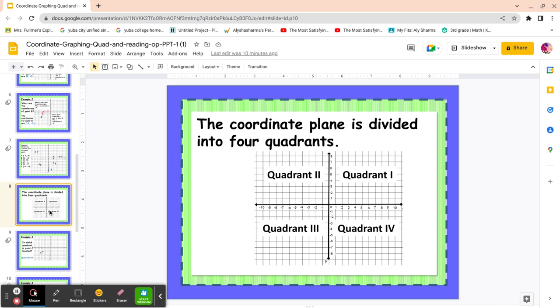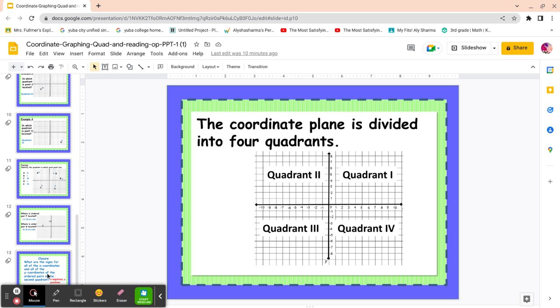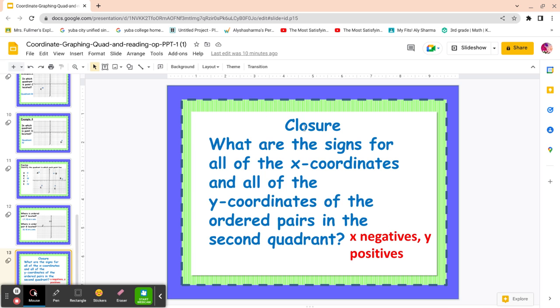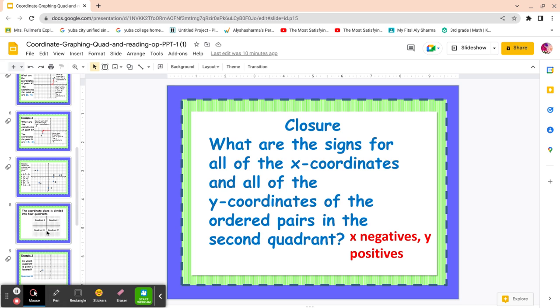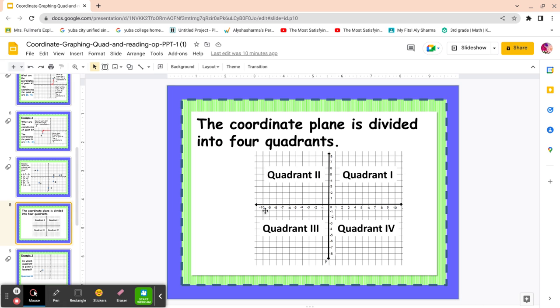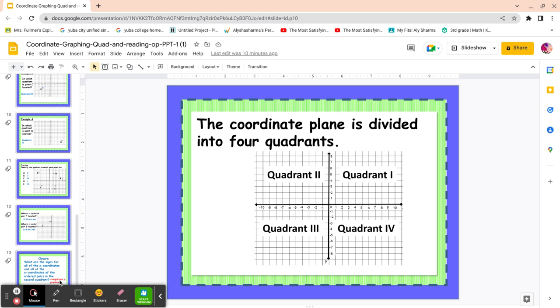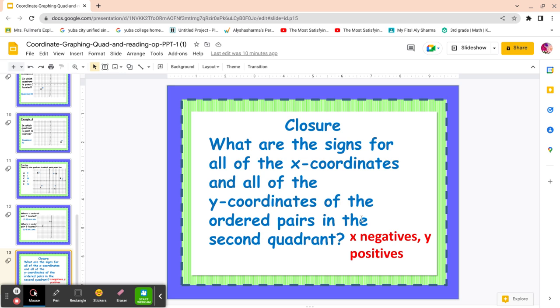Yes, second quadrant. Okay, that is quadrant II, right there. What are the signs? Okay. It says over here, x negatives, y positives, as it shows. X negatives, y positives, over here in the second quadrant. So that's what it says over here as well, to tell the truth.